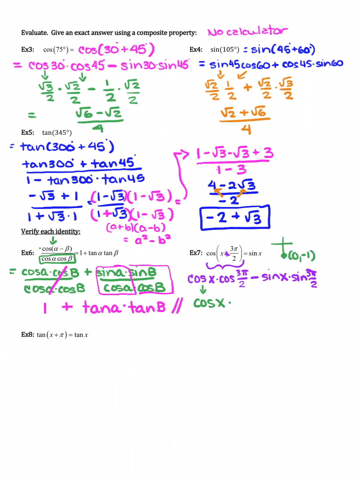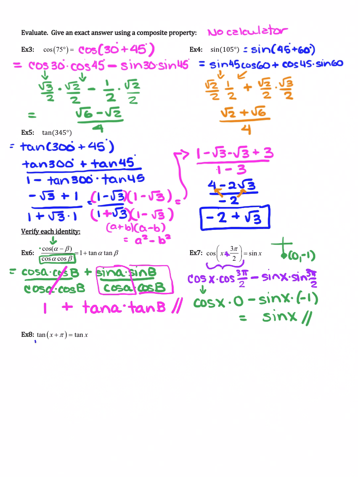So cosine, which is the x value, is 0 minus sine x. Sine of 3 pi over 2 is the y value. So we have negative sine times a negative 1 equals positive sine x, which is what we wanted. So basically, these are just expanding, evaluate, and you should get then your conclusion.